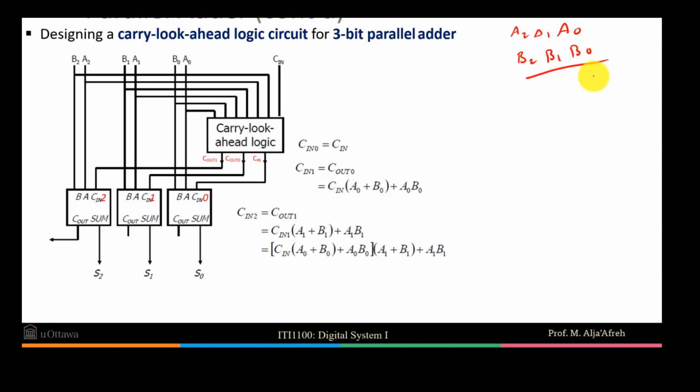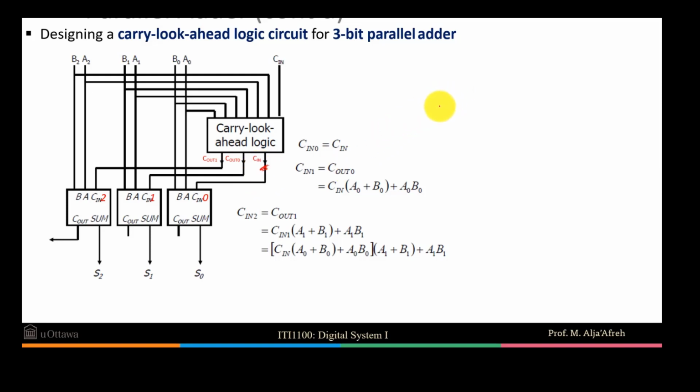We will have a carry in here. If we're just adding these two numbers, this carry in will be equal to 0. So the carry in 0 is equal to Cn, because it's directly connected, as you can see, guys.